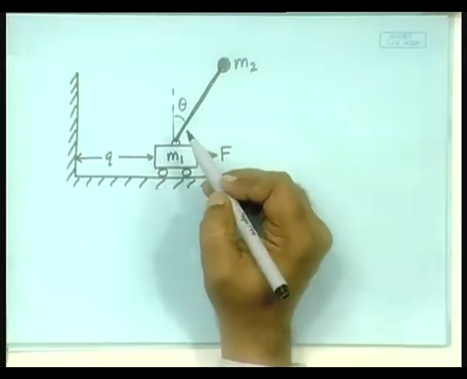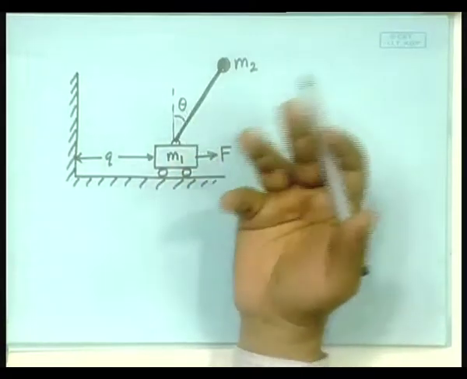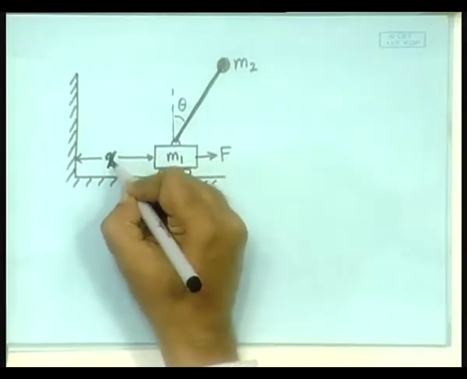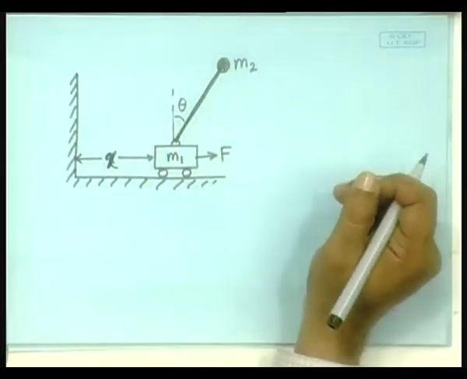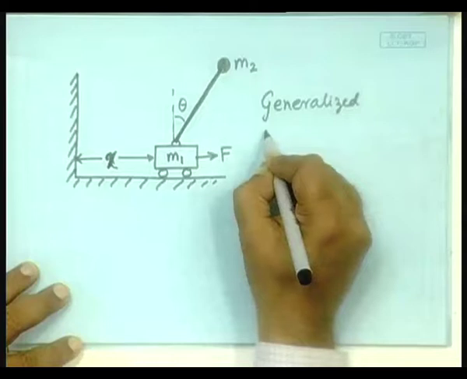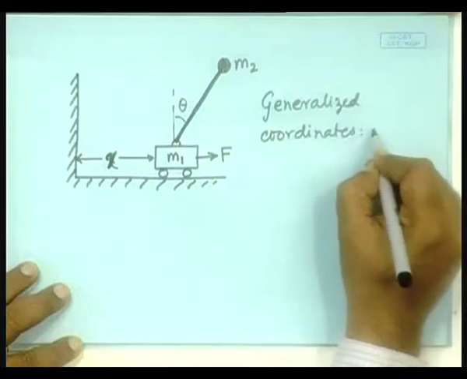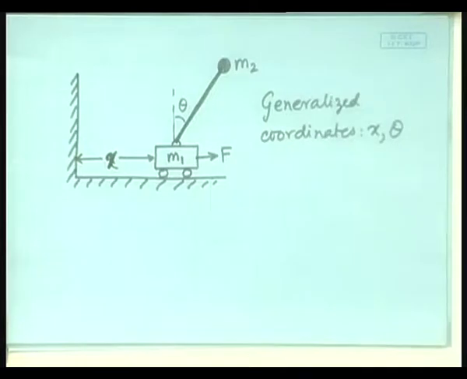Either you call this q1 and this q2, or if you want to retain the physical things, let us call it x and theta, then it would be easier. But in our case, it is essentially q1 and q2, two position coordinates. Now, we are all set to write down the differential equation. So, the generalized coordinates in this case are x and theta. Fine.